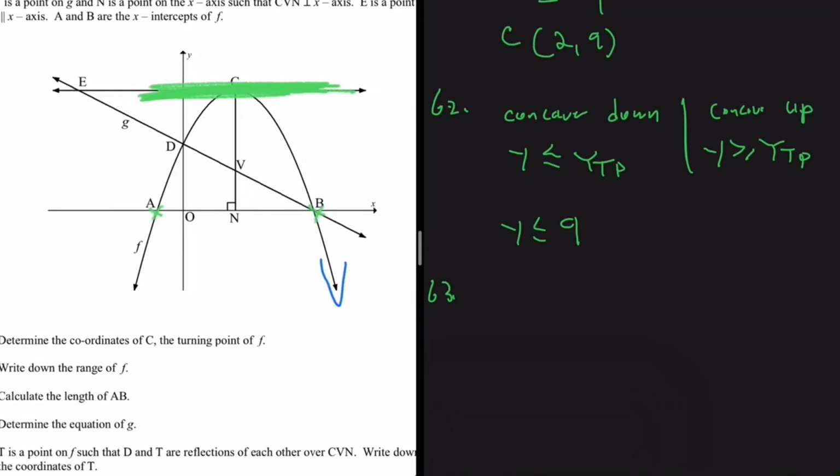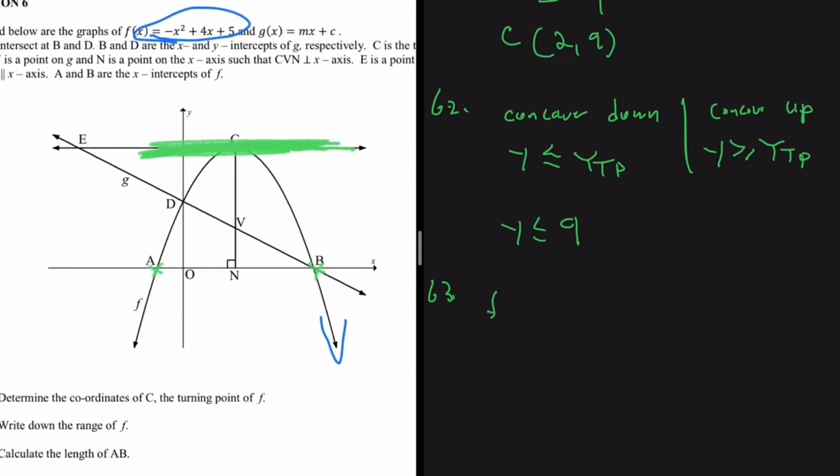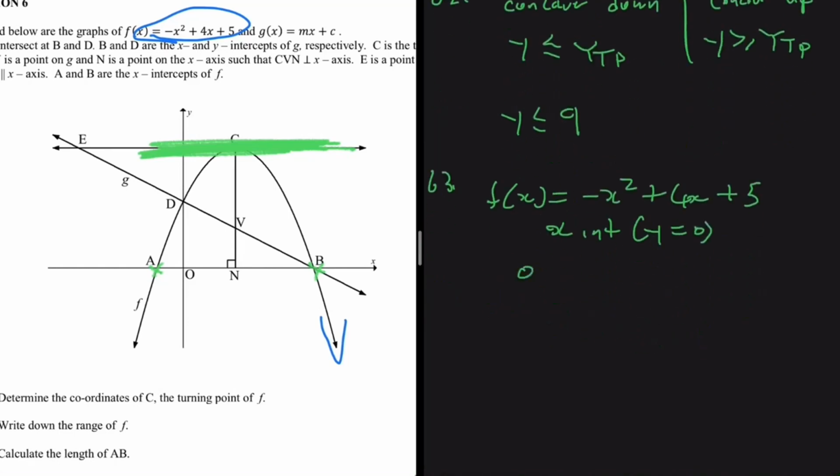We know that f of x equals minus x squared plus 4x plus 5. If you want to find the x-intercept, you equate y to 0. So we're going to have 0 equals minus x squared plus 4x plus 5.